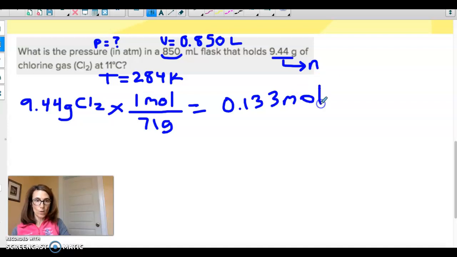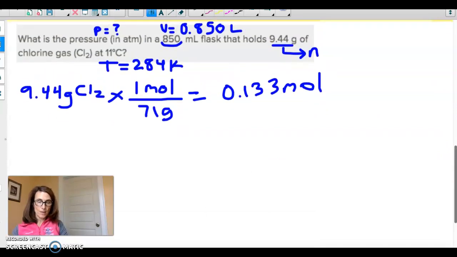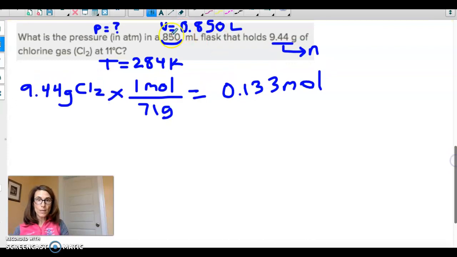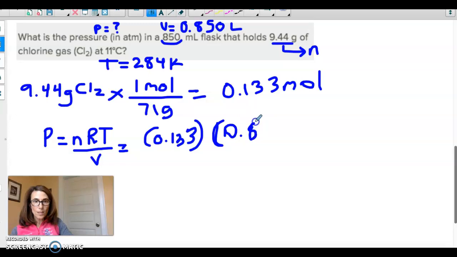And this problem was asking for our pressure. So this time I'm going to go ahead and rearrange that equation in my head by dividing both sides by the V. So P equals nRT over V. All right, so we can plug our numbers in and we get 0.133 times R. So again, our 0.0821.